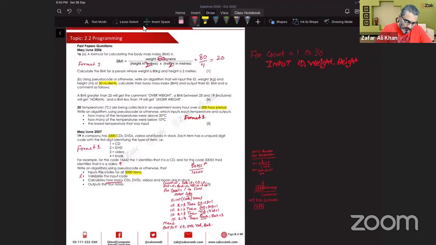Now, if there's a formula, apply the formula. So formula is BMI is equal to weight divided by height into height. You may write height square.